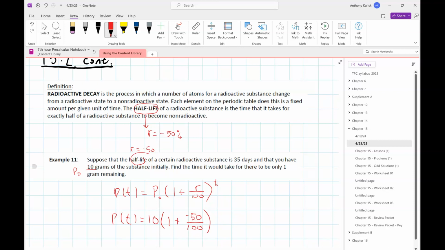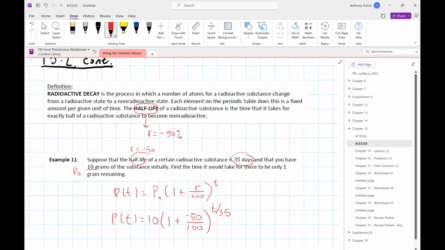And now, how are we going to pack this 35 days? What is that going to mean? Well, it means that when T is 35, I want to divide that mass by 2, right? So that means I want to have T over 35.